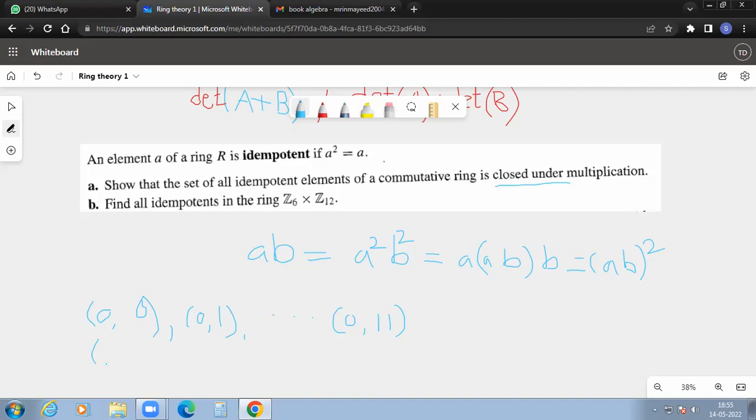Now what is my next entry? In Z6, it will be 1. I take ordered pair with 0. Then 1, 1. I feel you know my strategy. And so on. The last will be what? 1, 11. So this was our second row.